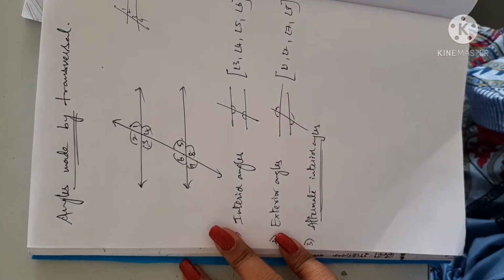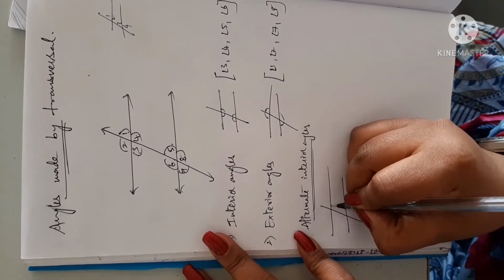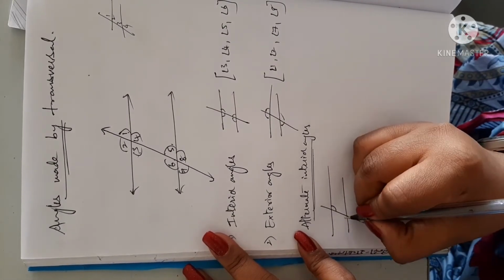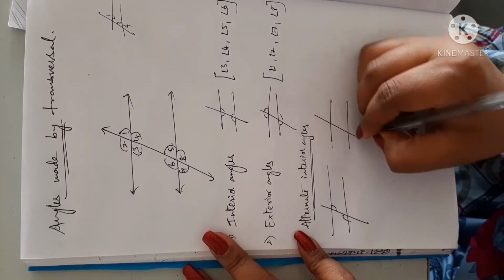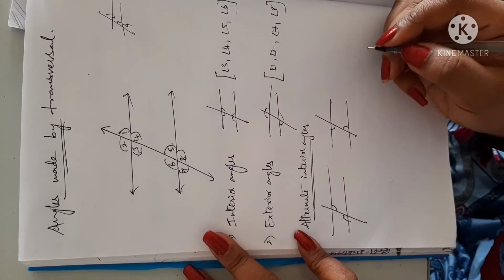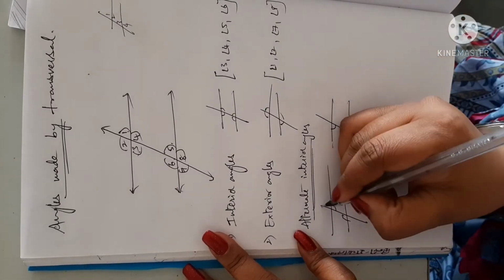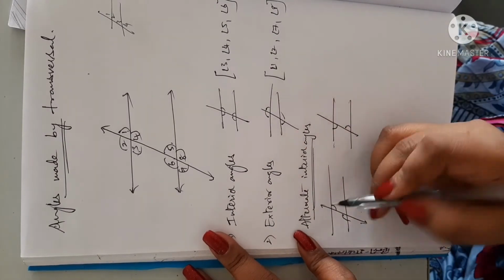Alternate interior angles: angle 4 and angle 6, one pair. Angle 3 and angle 5, another pair. If you observe, they are on either side of a transversal.